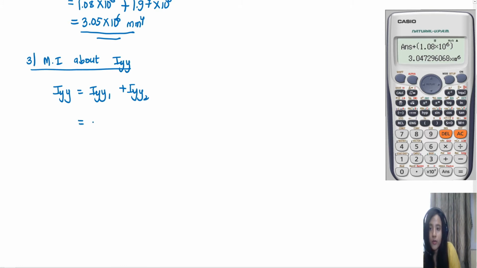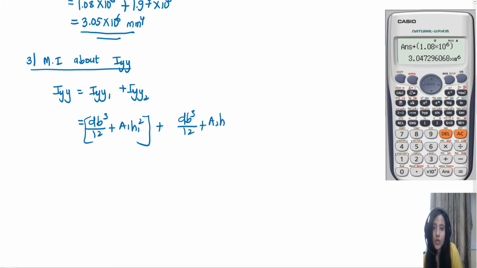So here Iyy1 will be db cubed by 12 plus a1h1 square for Iyy1, plus here it will be db cubed by 12 plus a2h2 square. So this is my second one.